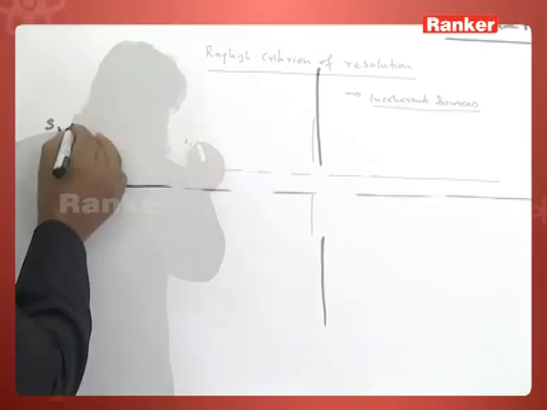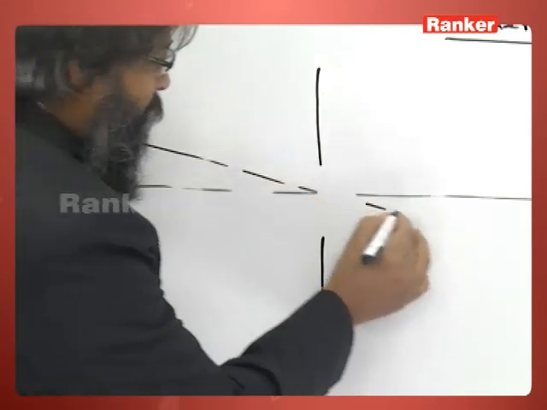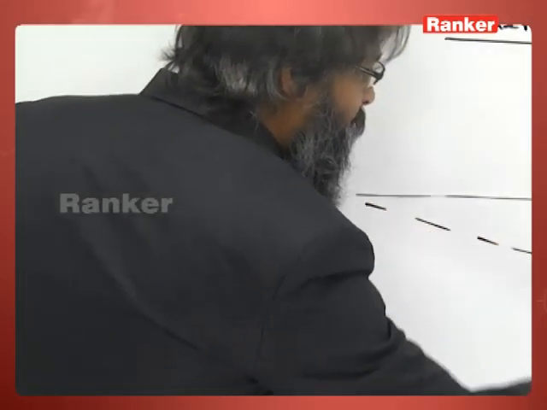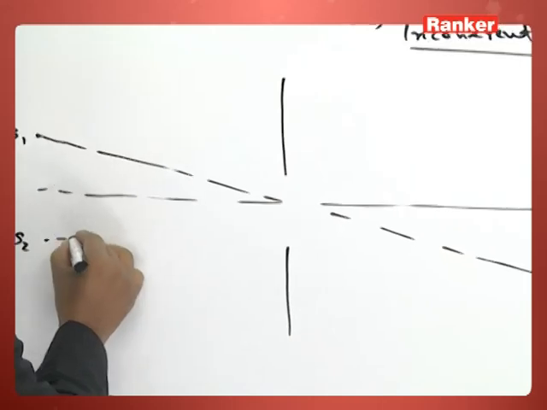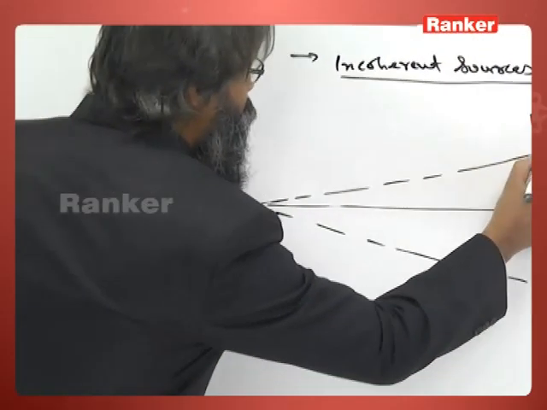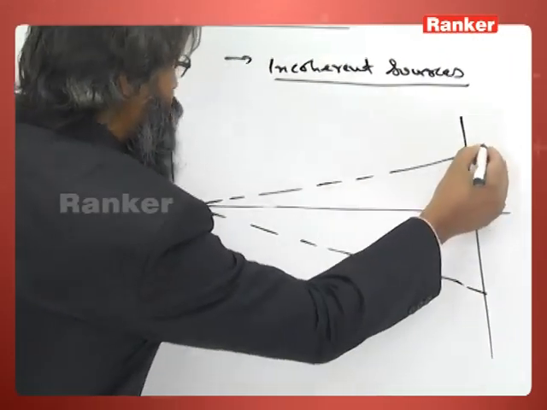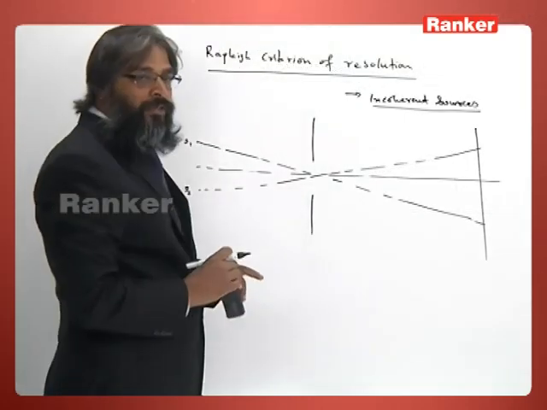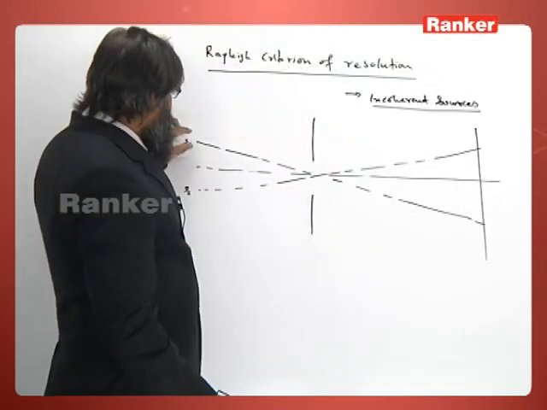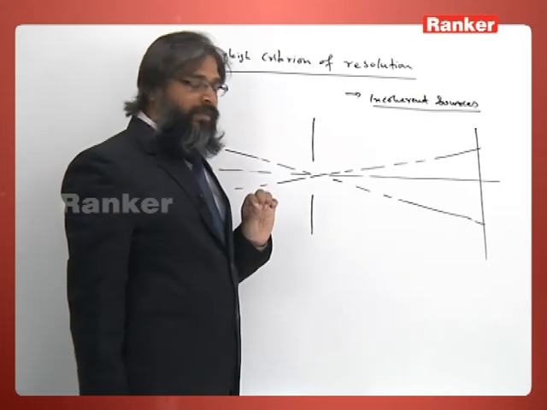Now you see this is the screen and this is the geometrical image of S1 and S2 formed. These S1 and S2 are point objects.